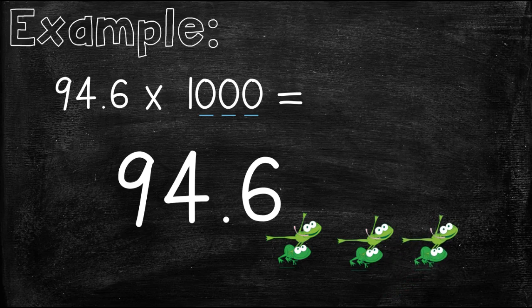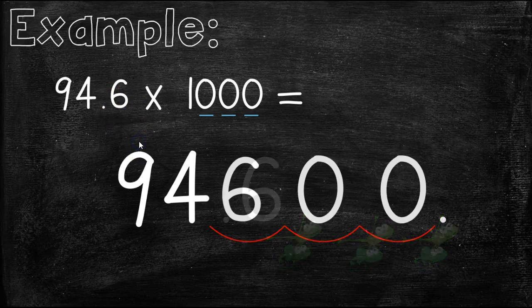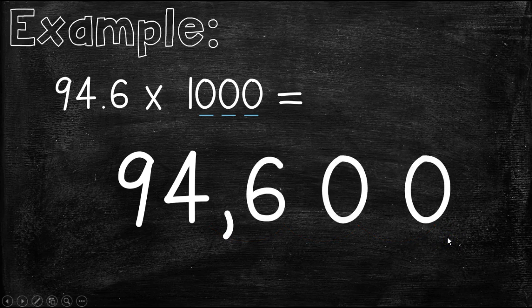But right now we don't have any numbers in those places. So instead we have to annex the zeros. So again, we started with our decimal point here. We're going to move it to the right 1, 2, 3 places and put the decimal point at the end. So our answer is 94,600 because we don't really need the decimal at the end because there are no places after it.